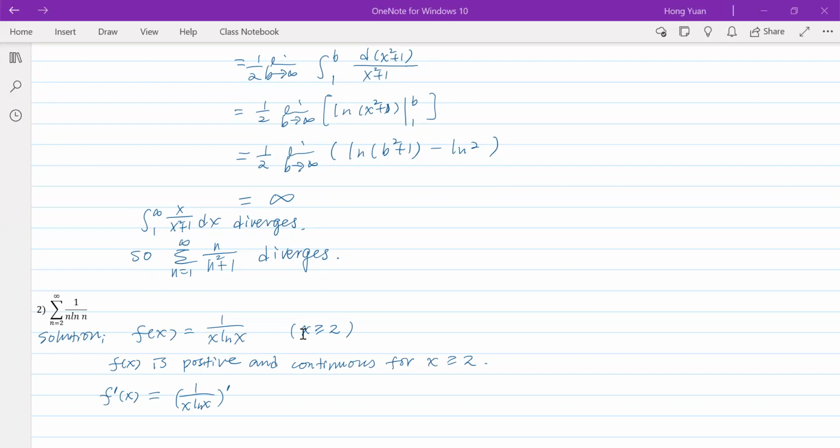You write this fraction as a negative exponent. Then the derivative equals negative 1 times x ln of x to the negative 2nd, and multiply by the derivative of this function because of the chain rule.